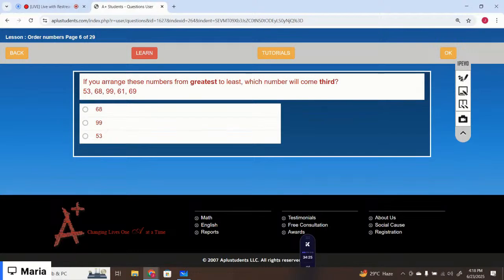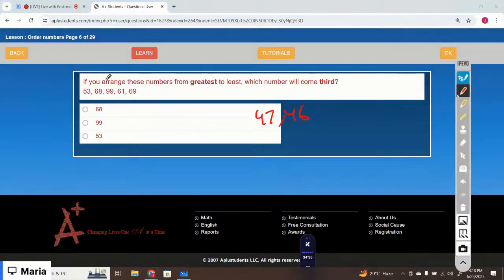If you arrange these numbers from greatest to least, which number will come third? Which is the correct option? So the greatest would be 99.